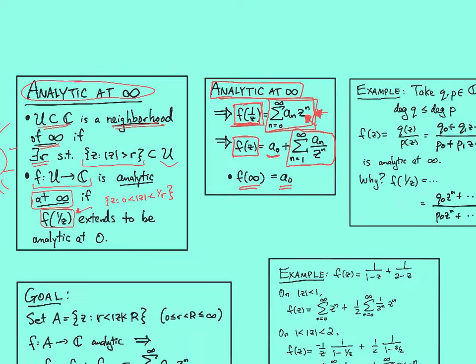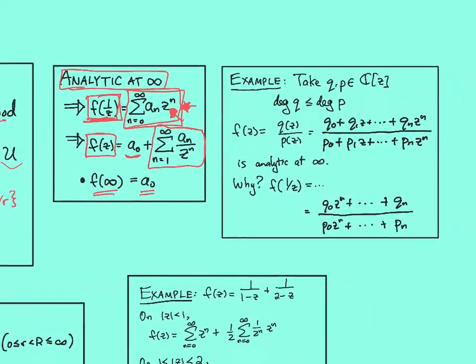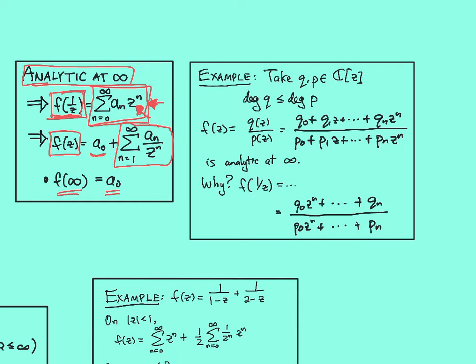So what's an example of being analytic at infinity? Well, let's take rational functions.